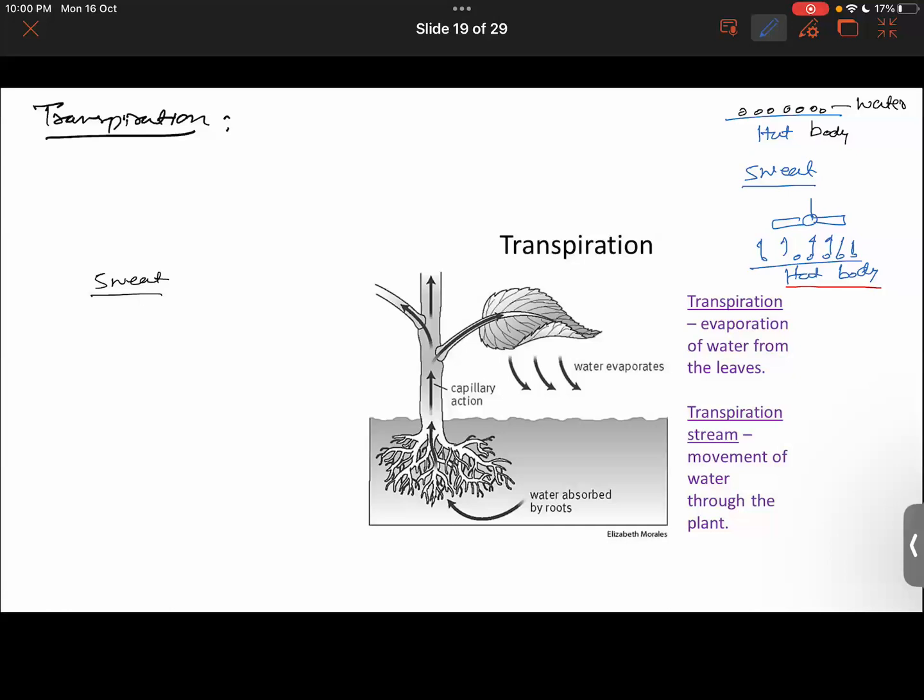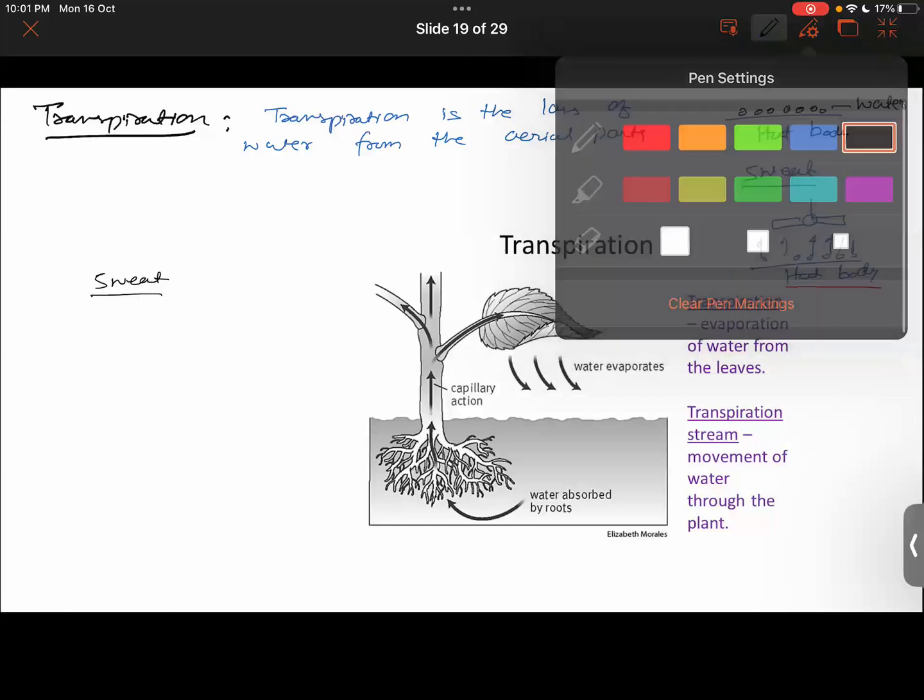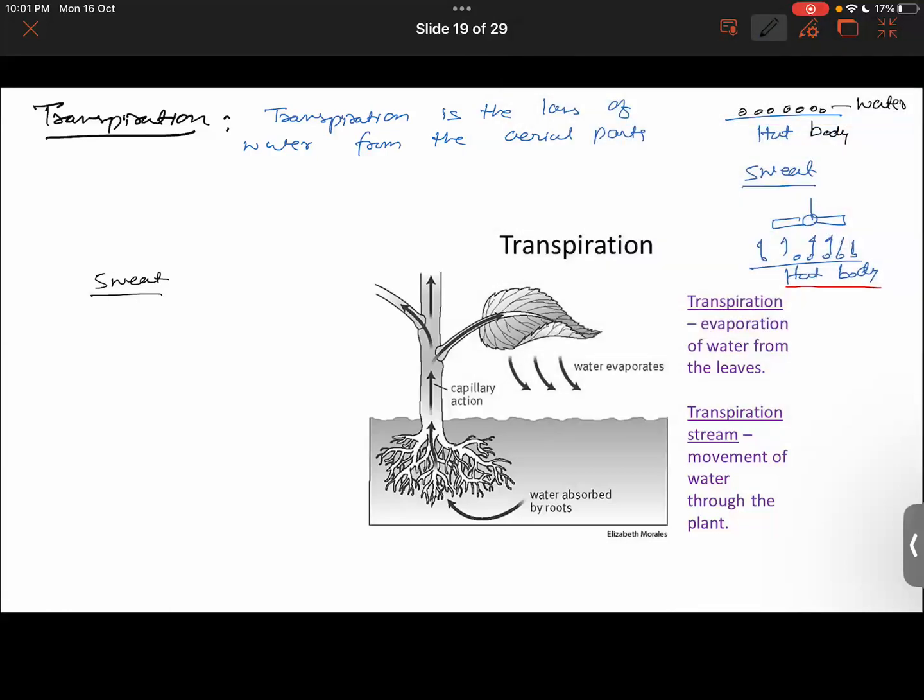Okay. So we start with the definition of transpiration. So transpiration, first and foremost, is nothing but the loss of water from the aerial parts. What are aerial parts? Aerial parts are basically those parts of the plant that are in the air.